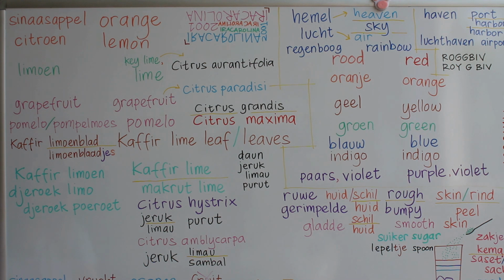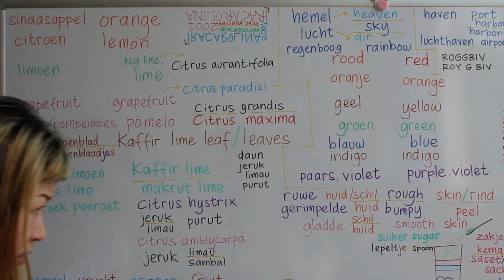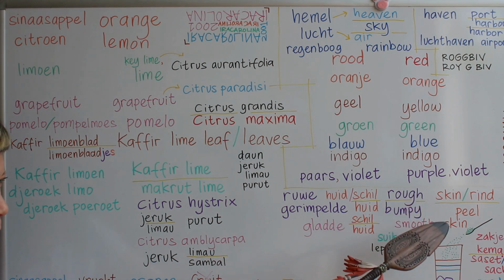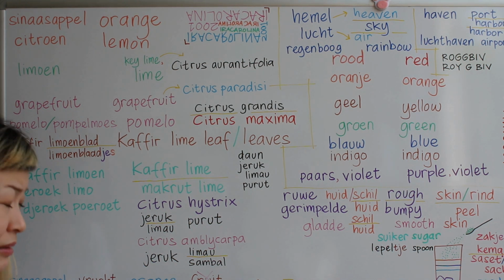The difference between Citrus hystrix and Citrus amblicarpa: Citrus hystrix has rough or bumpy skin, rind or peel. In Dutch, rough is ruwe.